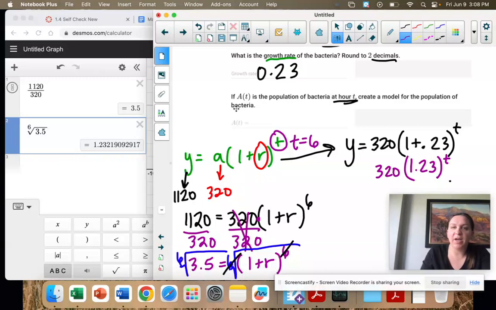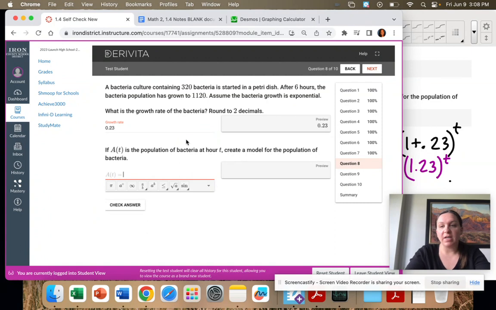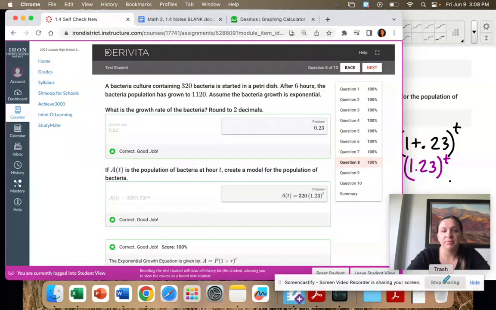And then y and function notation, these are the same. It doesn't matter which one you write. So here we would have 320. Well, let me put in the growth rate. 0.23 is our growth rate. And then this is just asking for the growth equation. So 320 times 1.23 to the power of t. And make sure it matches before you check. And they're both right.